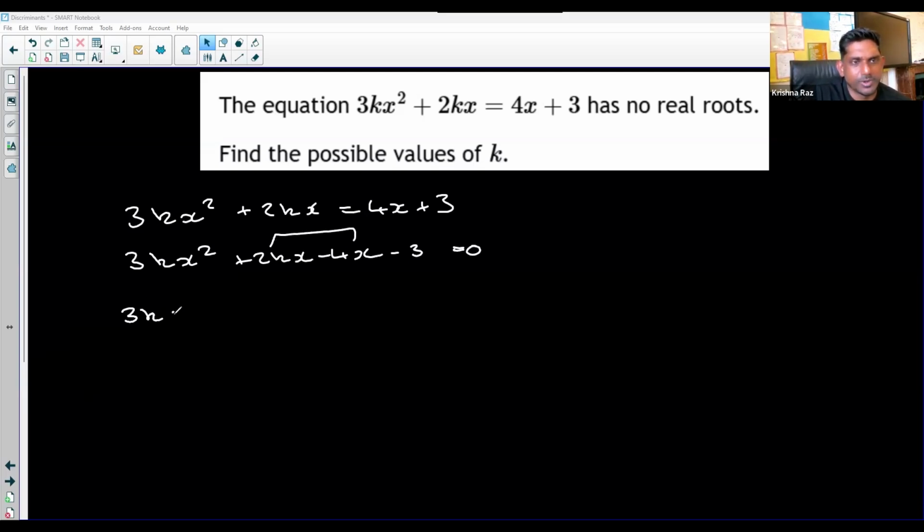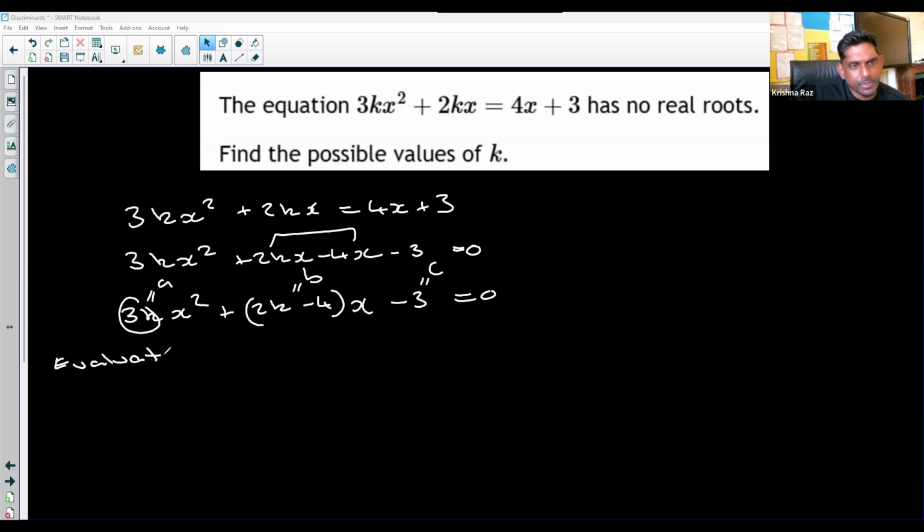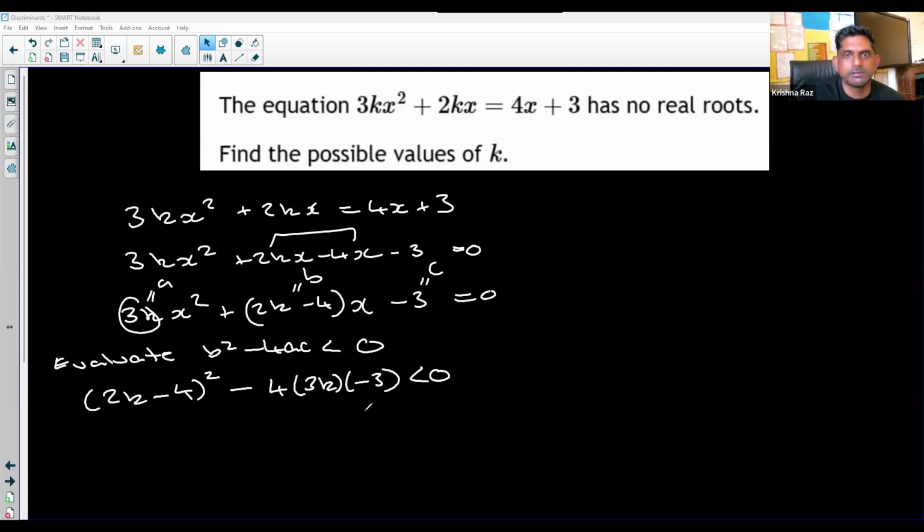So we have a 3k squared, which will be our A, but we need to factorize this 2k minus 4x, which will be our B, and minus 3 is our C. So we need to evaluate B squared minus 4AC, because it's no real roots, is less than 0. So we know that 2k minus 4 squared minus 4AC is less than 0.